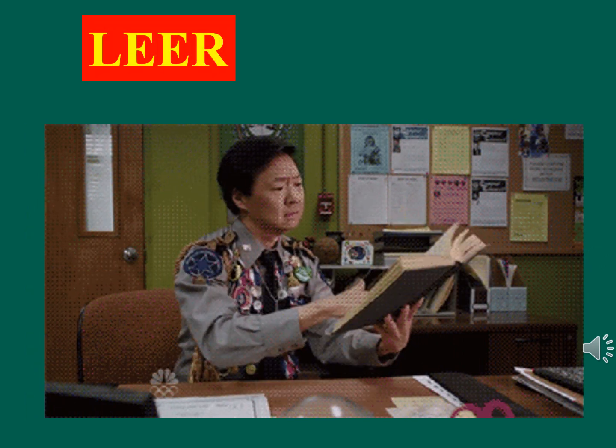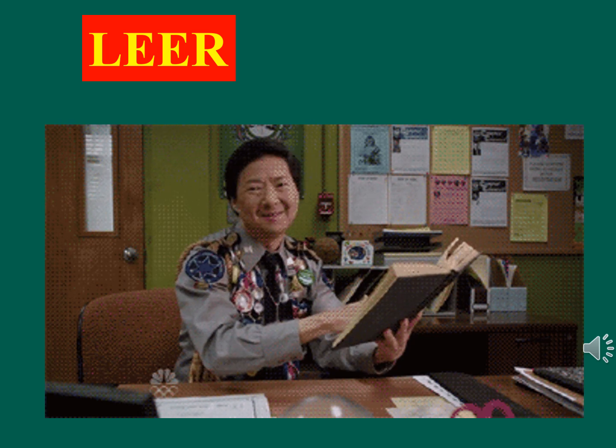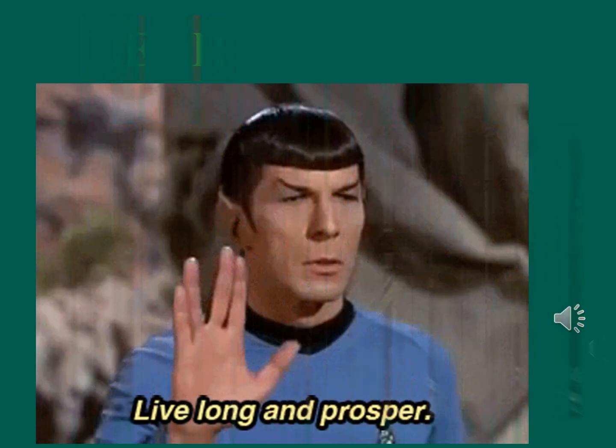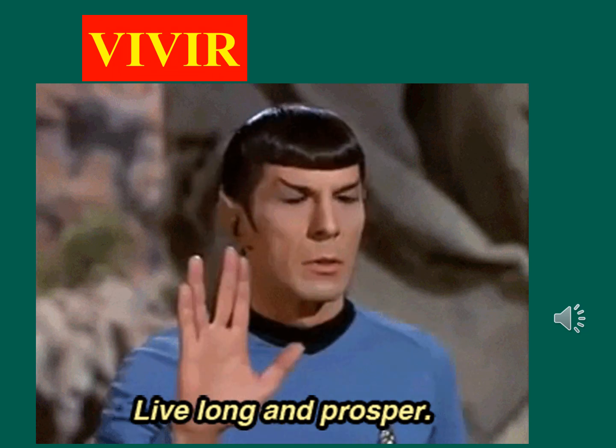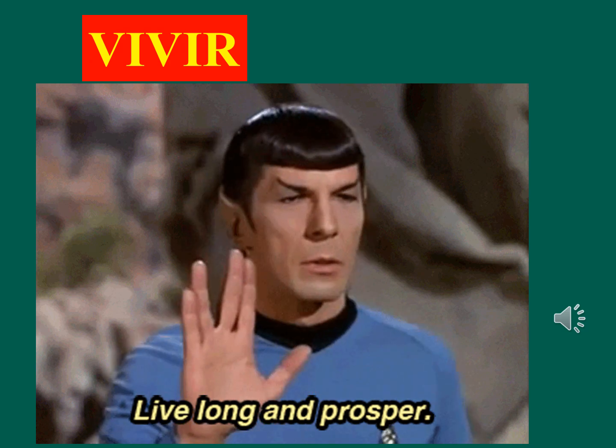Leer. Vivir. I'm going to stop and call attention to the fact that all of these verbs that I'm giving you end in R. That means they are the infinitives.